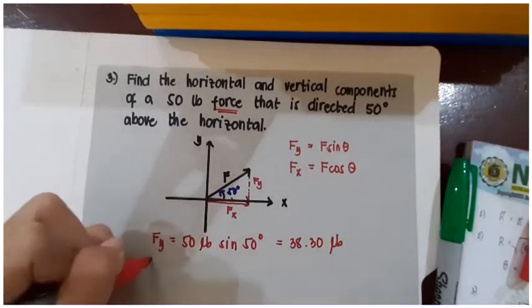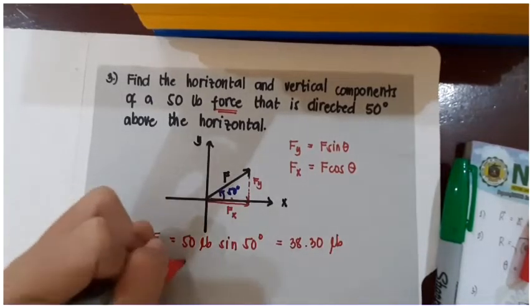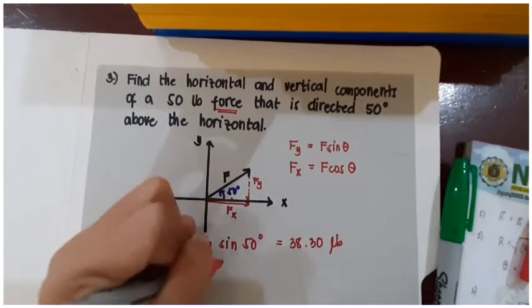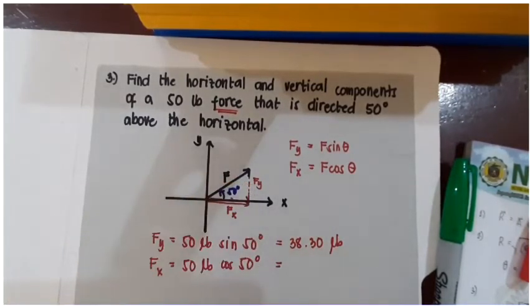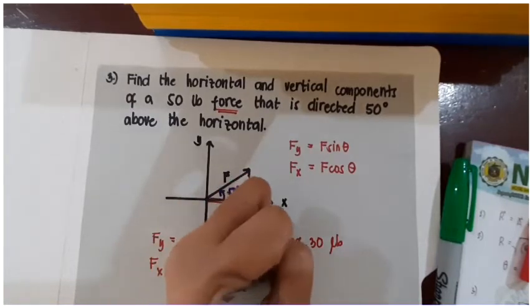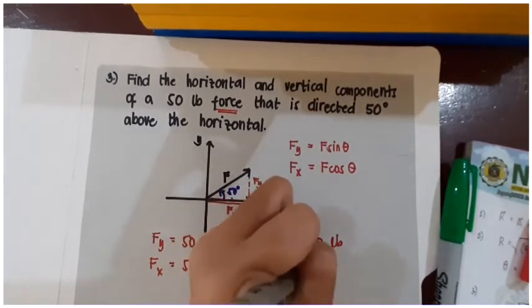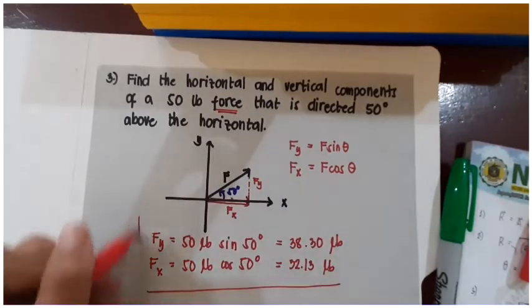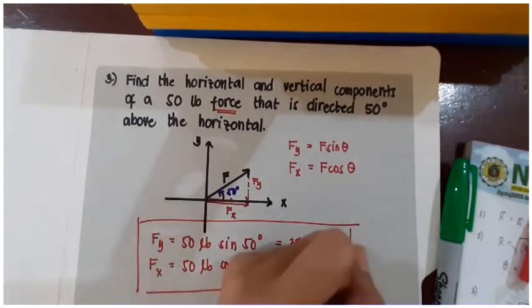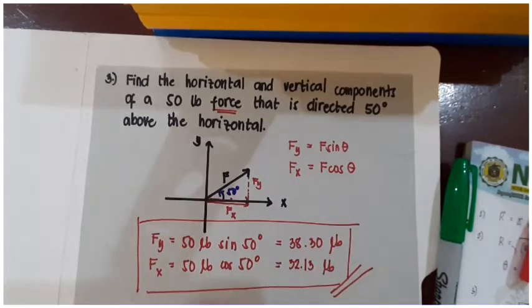And then your Fx, that's 50 pound cosine 50 degrees, you will get 32.13 pound. So yun lang yung hinahanap sa problem. So this is now your answer.